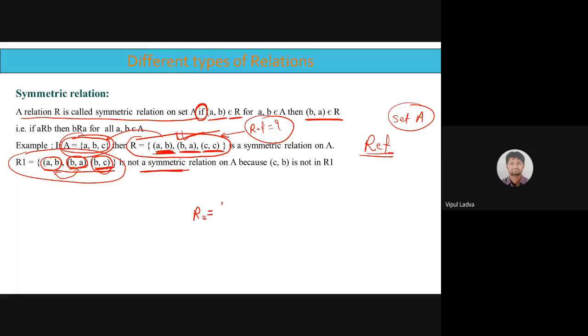Suppose we define R2 as A comma B, B comma A, then B comma B, then A comma A, then A comma C and C comma A. Now R2, is it reflexive? क्या ये reflexive है? क्या ये symmetric है? चलिए बताइए.